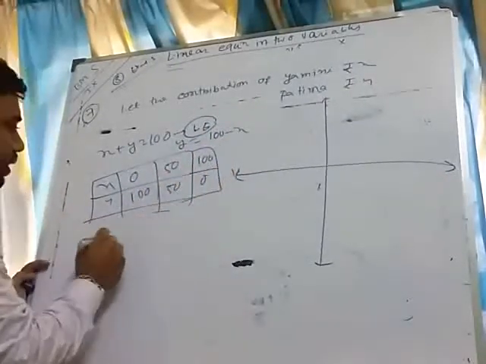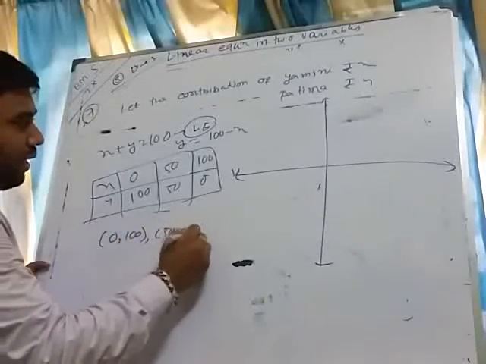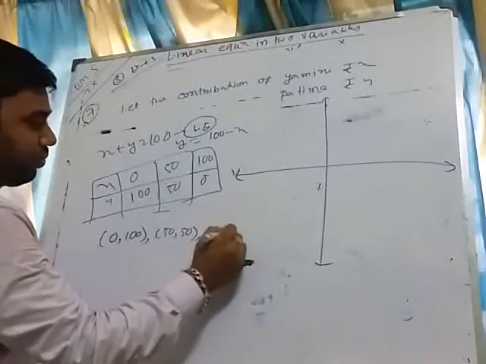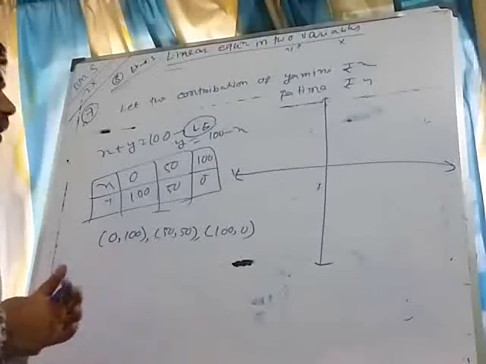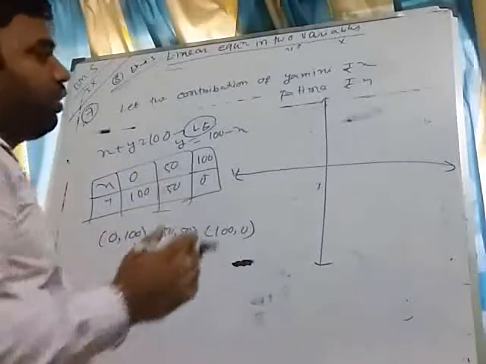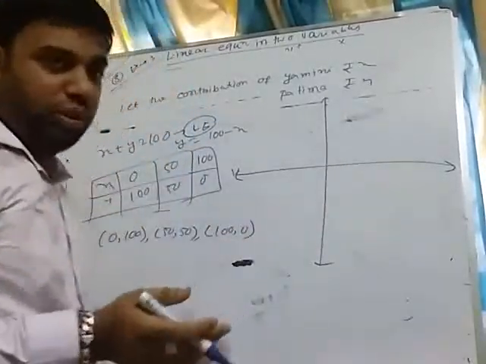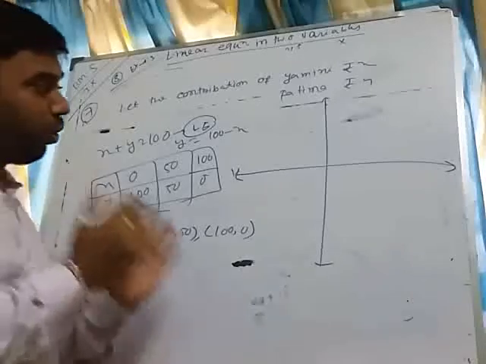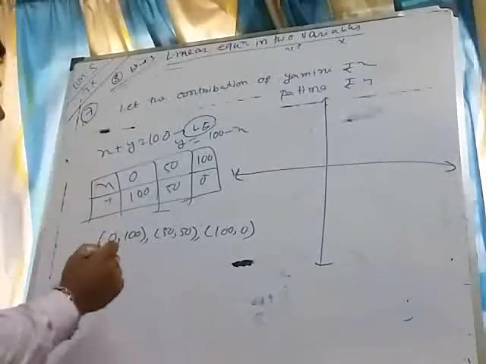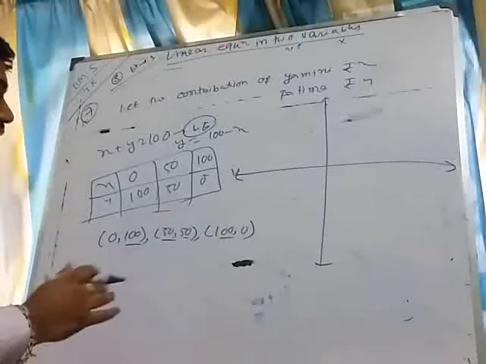So the ordered pairs are (0, 100), (50, 50) and (100, 0). Now we should plot these ordered pairs on the graph paper. So now students, the most important thing is using the scale, how to plot with the scale. First of all, here all the values are 50, 100 like this, not 1, 2.